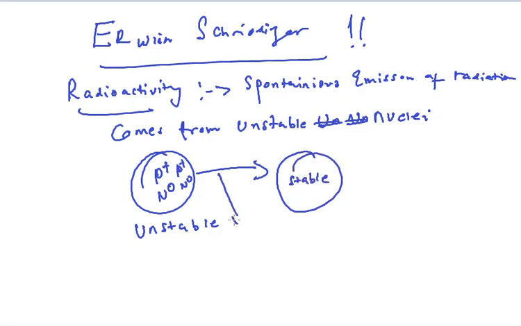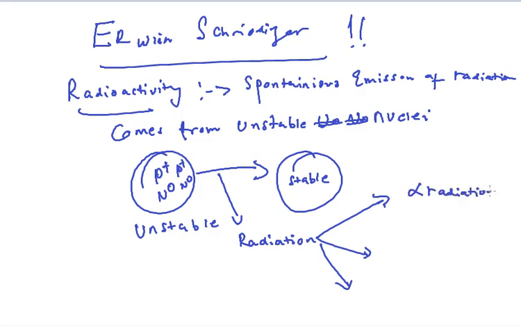So this is what we call radioactivity: the energy that is released from unstable nuclei. That's called radiation, and this radiation can have different forms. It can be alpha radiation, it can be beta radiation, and it can also be gamma radiation.